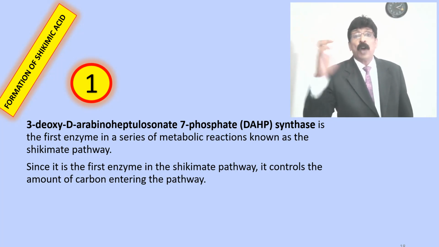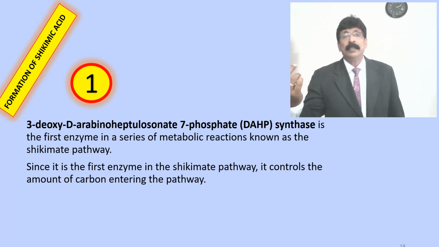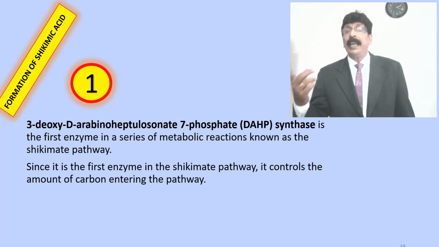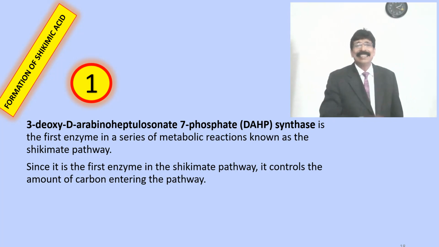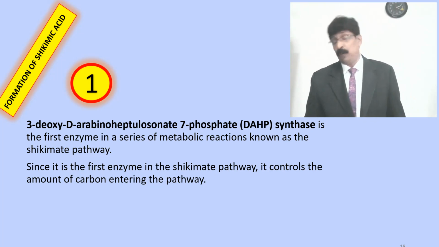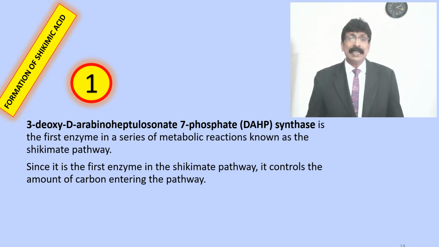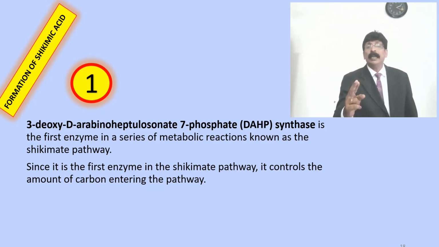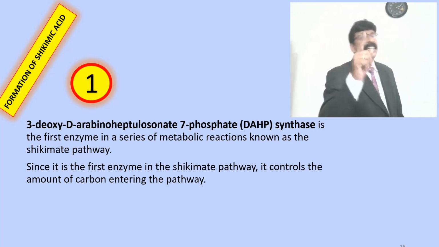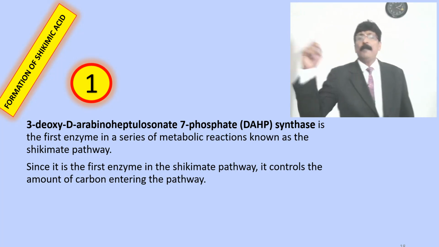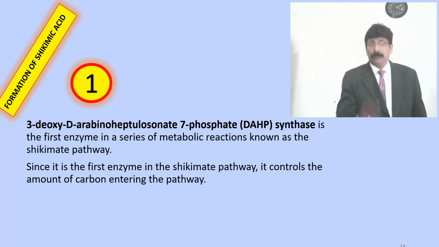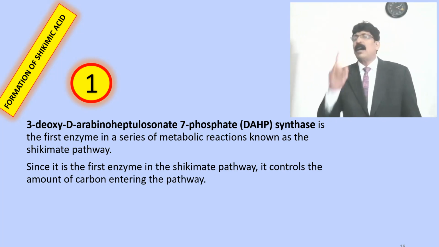This is the first enzyme of the series of metabolism known as the shikimic acid pathway. Since it is the first enzyme, it controls the pathway: according to how much enzyme is used, the product will be produced. So it is a controlled amount of carbon entering the pathway, and the 7 carbon compound is formed by this enzyme.